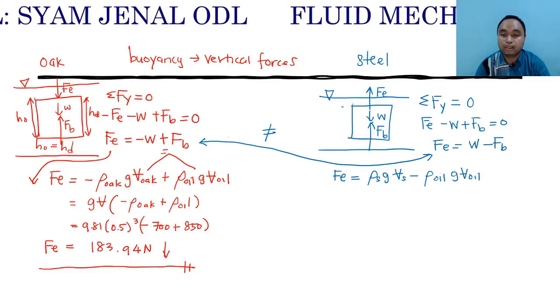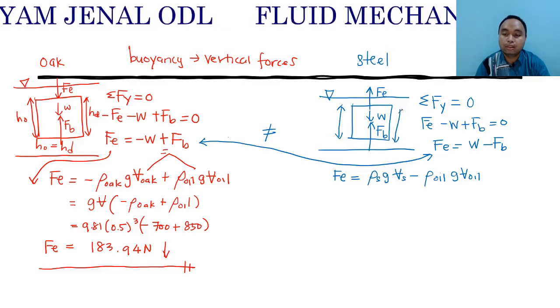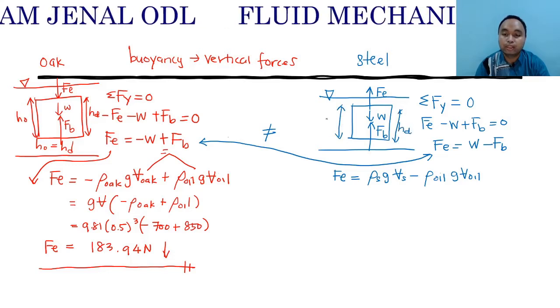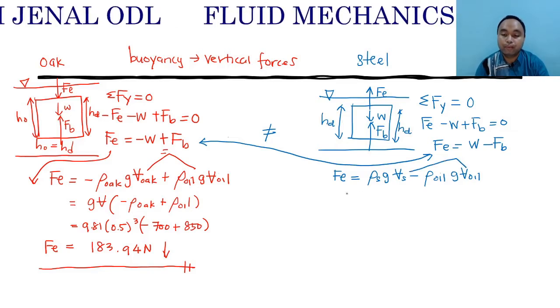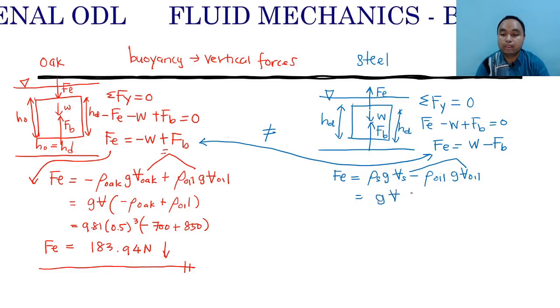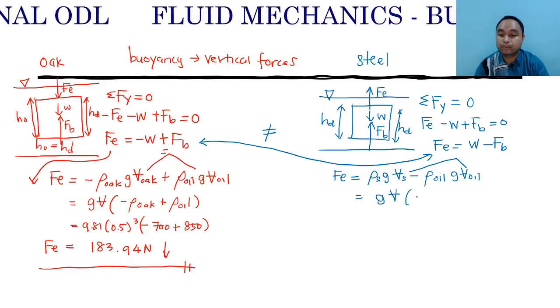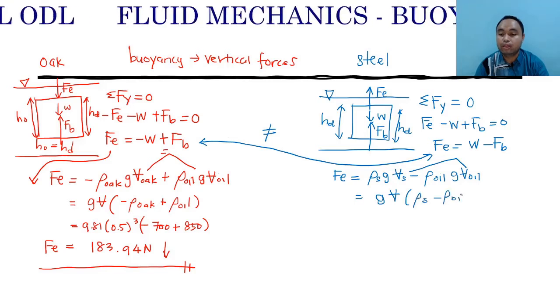Once again, as I said before, the Ho and the Hd should be the same. So these two volumes should be the same. If we factorize it, g V times rho steel minus rho oil.